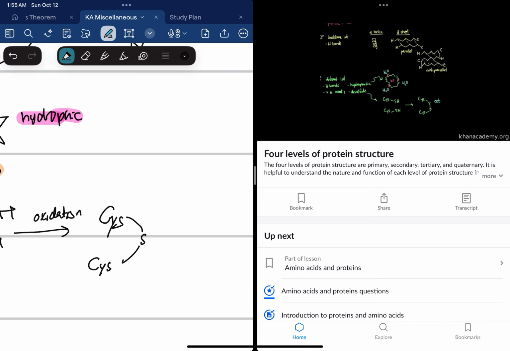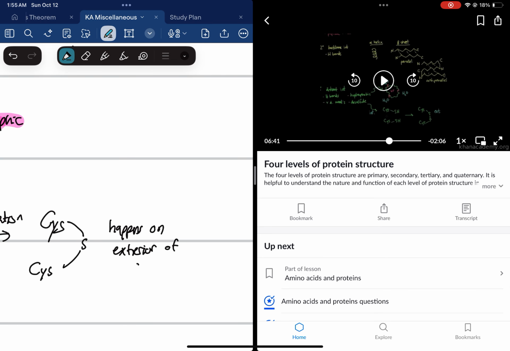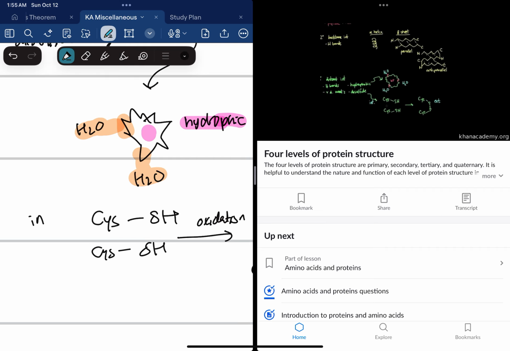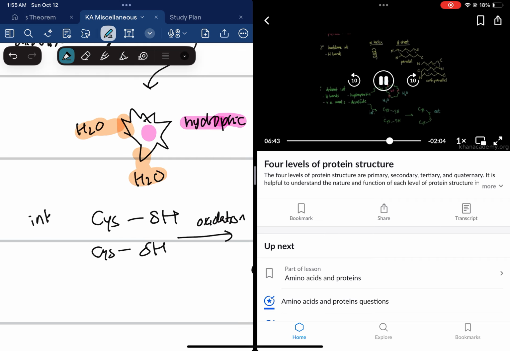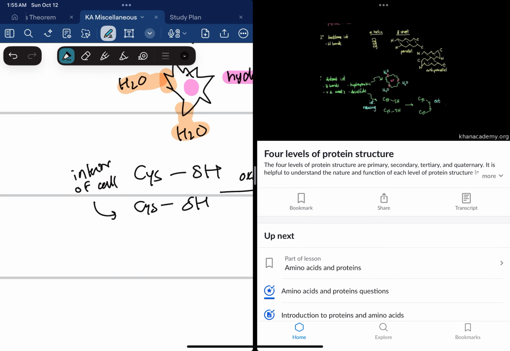And you tend to see the formation of separated thiol groups on the interior of a cell. And that is because the interior of the cell has antioxidants, which generate a reducing environment. And since the exterior of a cell lacks these antioxidants, you get an oxidizing environment.